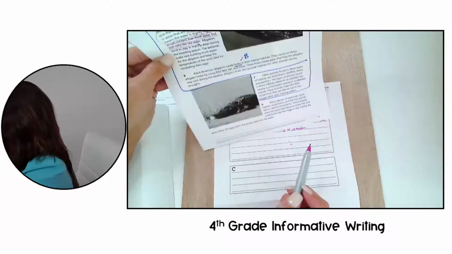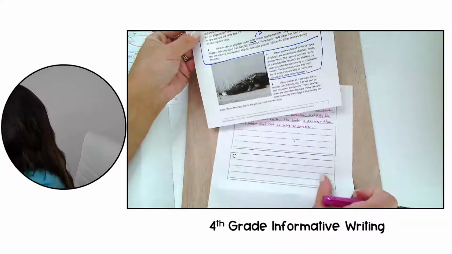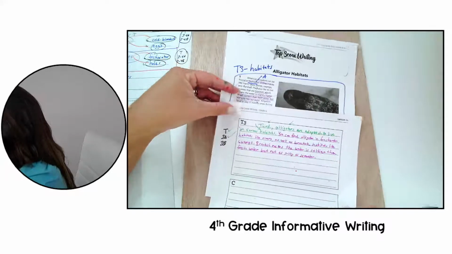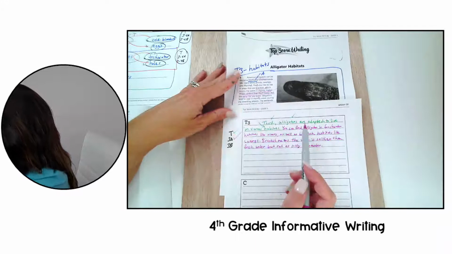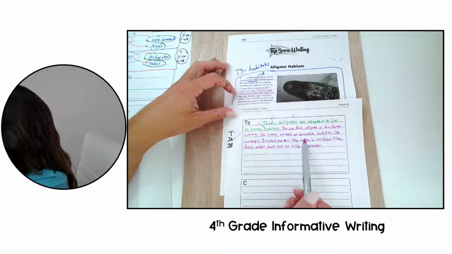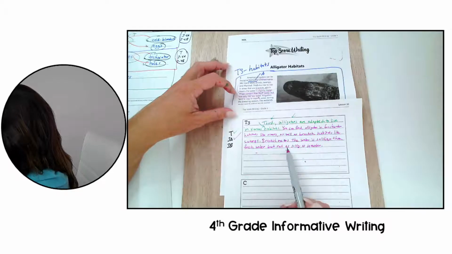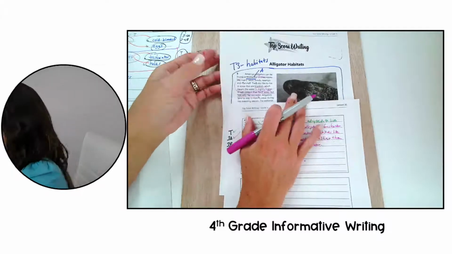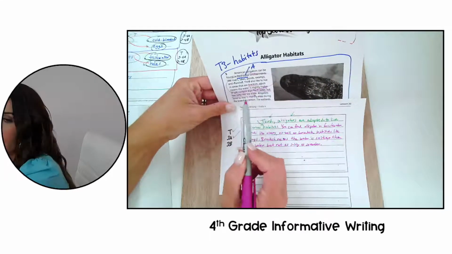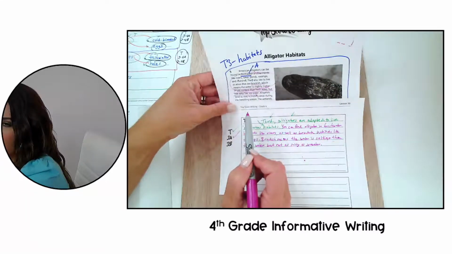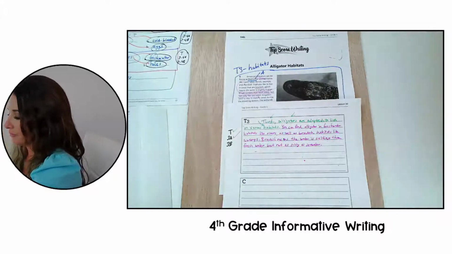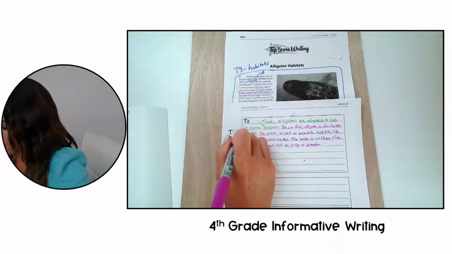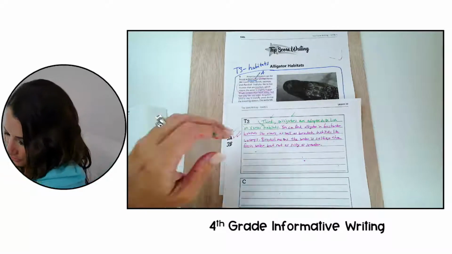I took that and I made my own sentence. But again, it says that here. I just took it in a different way and rewrote it and paraphrased it. Now I have two sentences about my A. Now I'm going to do one more.